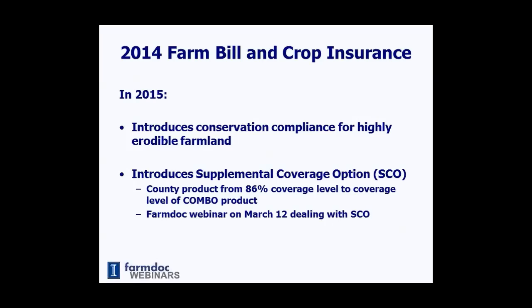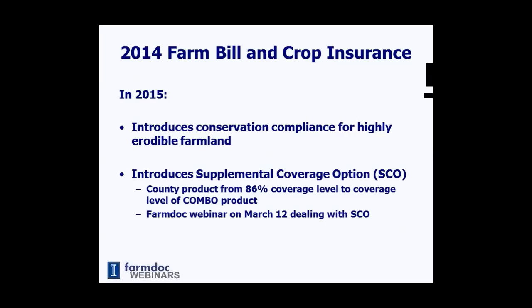The 2014 Farm Bill also introduces supplemental coverage options, and this again will be in 2015, so this is not available for the 2014 year. What it does is offer a county product based on county revenue or county yields, depending on your underlying combo product choice, from 86% down to the coverage level of the combo product.